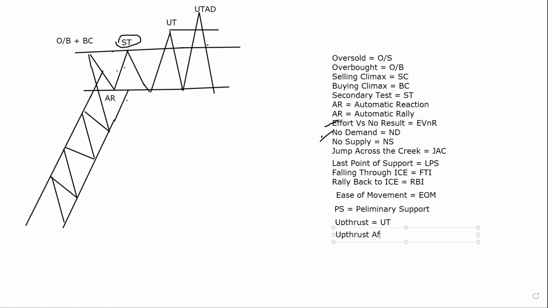But I must tell you, this is not the case every time. This may happen, this may not happen. It is not compulsory. Sometimes you will see a UTAD, sometimes you will not.